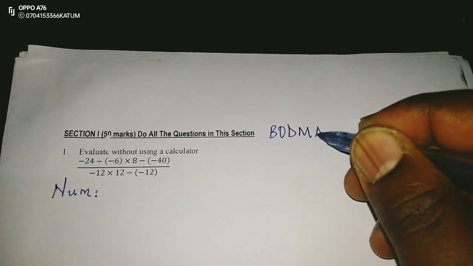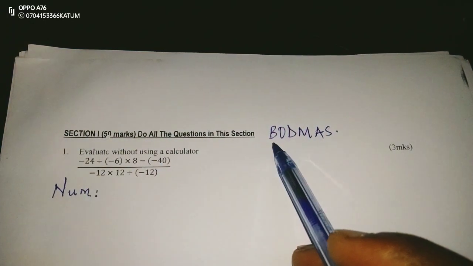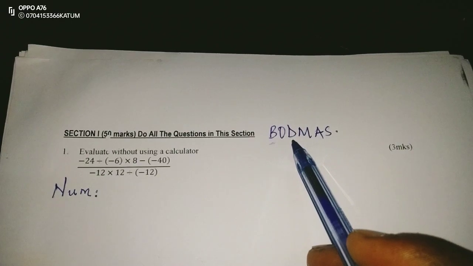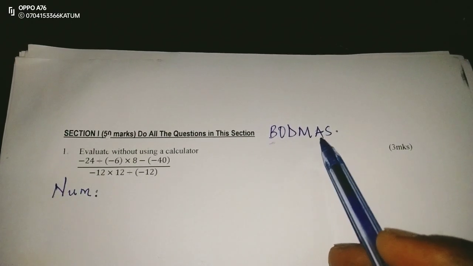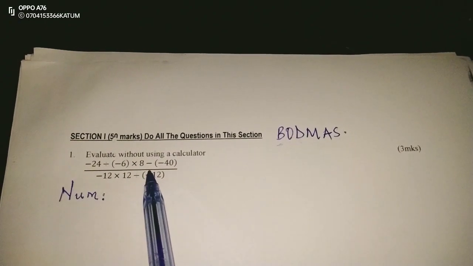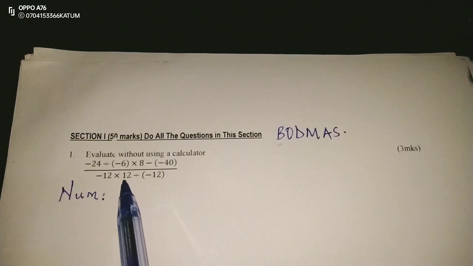BODMAS is an acronym that governs how operations will be carried out. We begin by opening brackets, then of, then division, multiplication, addition, then finally subtraction. Now, when I get to this one, I can see there are some brackets, and that is what I'll begin by opening.